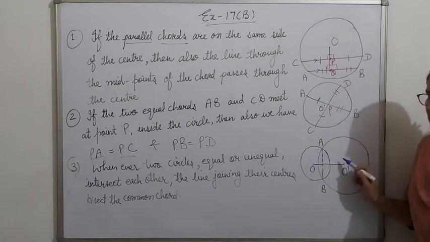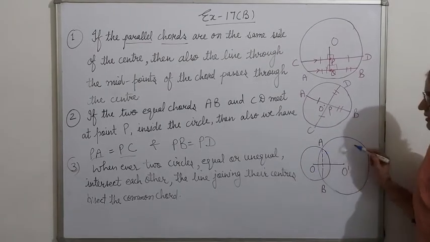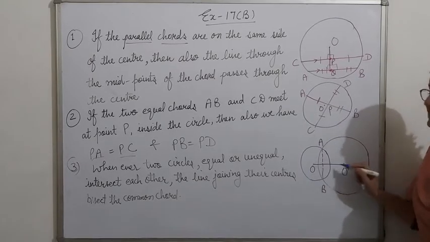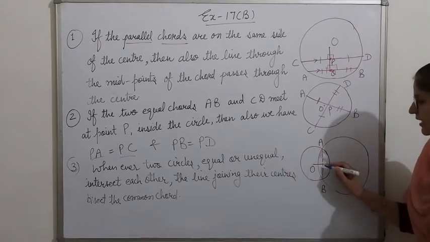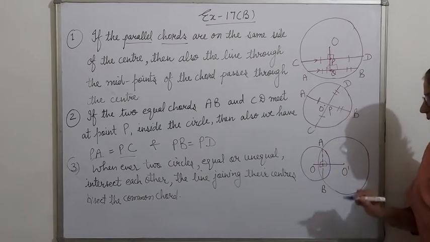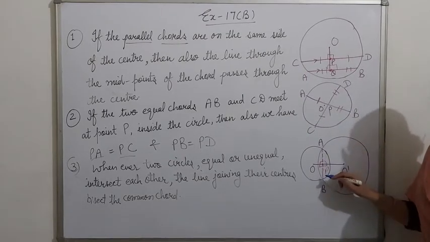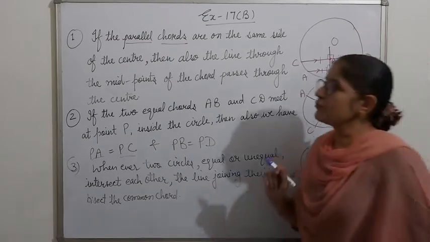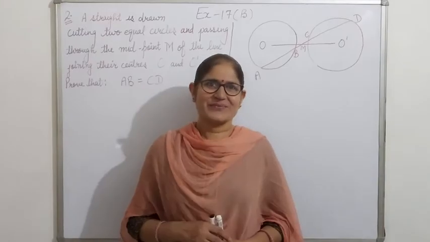In both the circles, AB is a common chord, in the small circle and the big circle also. O and O dash are the centers. If we join them, the line will pass through the midpoint. That means P will be the midpoint of the common chord. All these basics we are going to use to solve the sums of exercise 17B.